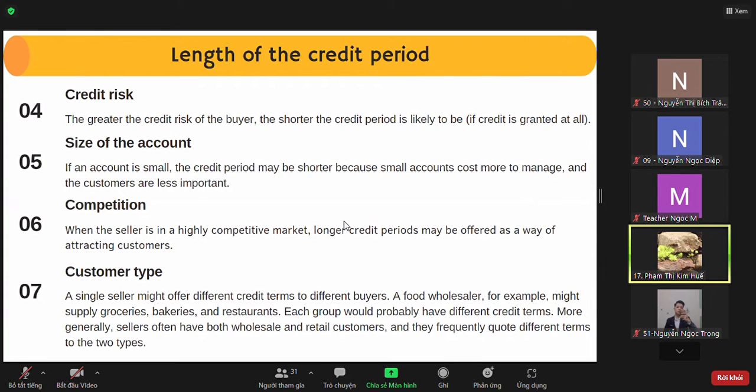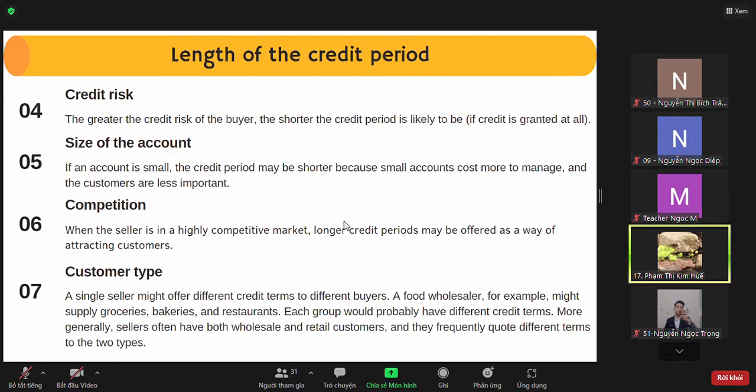If an account is small, the credit period may be shorter because small accounts cost more to manage and the customers are less important. Six is competition. When the seller is in a highly competitive market, longer credit periods may be offered as a way of attracting customers.